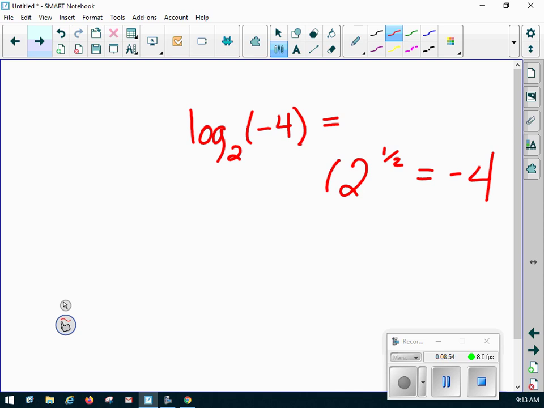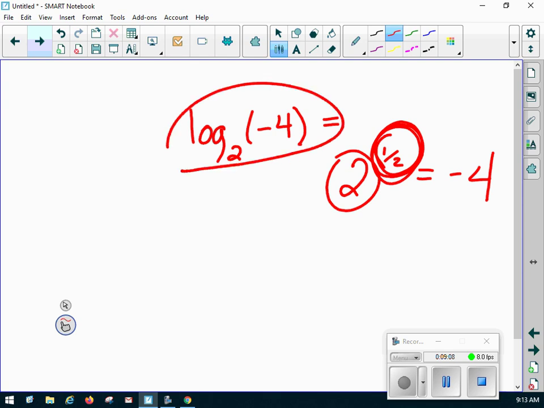If I take a positive number and raise it to any power in the world, you're going to get another positive number. You can never get a negative number, and you can't get 0 either. This is impossible. You cannot do this. So you always have to check and make sure, does that answer make me have to take the log of a negative number? And if it does, you throw it out.